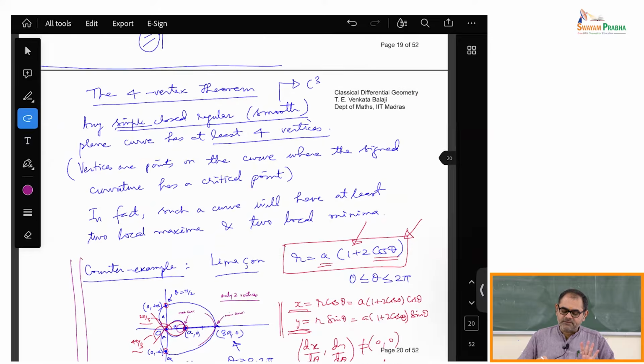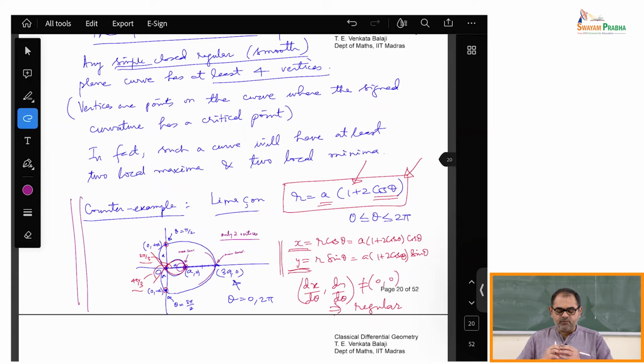And so the way we prove it is we prove it for the easily accessible case, which is the convex case. And if possible, I will try to indicate what happens in the non-convex situation.